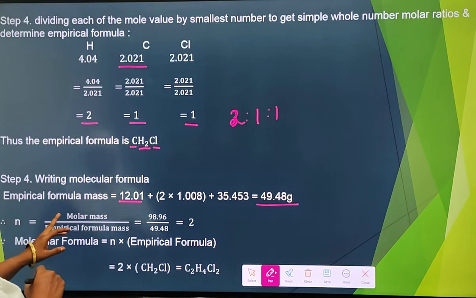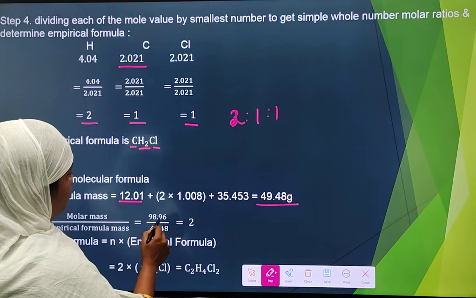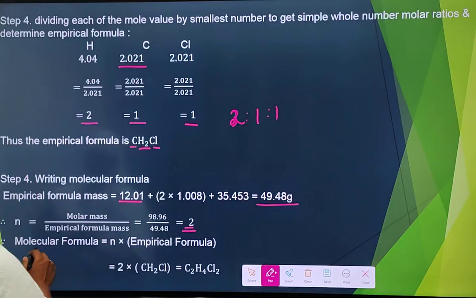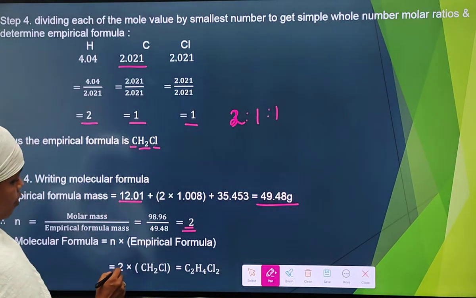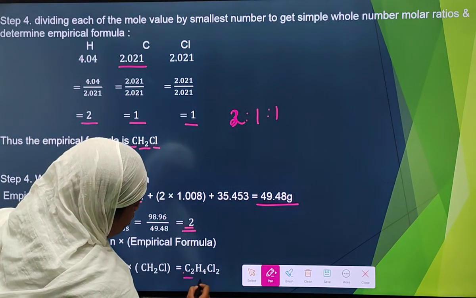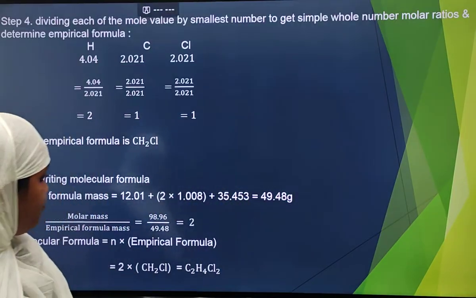Now, n is the molar mass upon the empirical formula mass, where we calculate 98.96 upon 49.48, and we get a value of 2. So the molecular formula is nothing but the empirical formula multiplied by n, that is 2. So we get C2H4Cl2. This is how we generated our molecular formula.